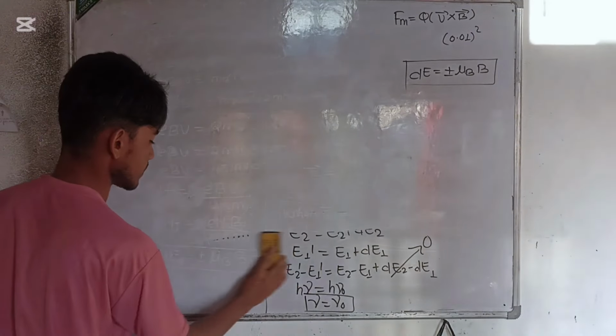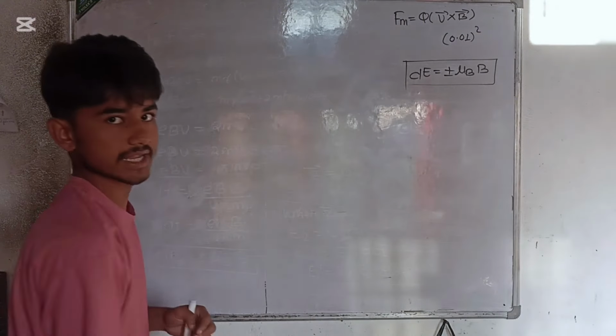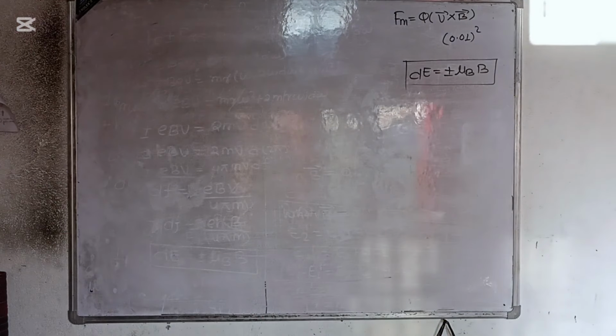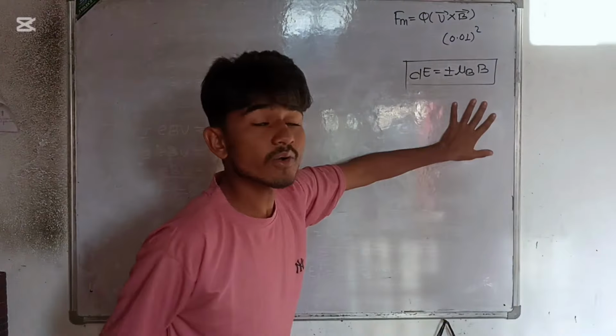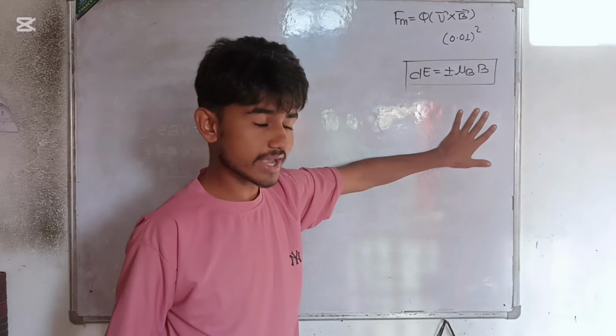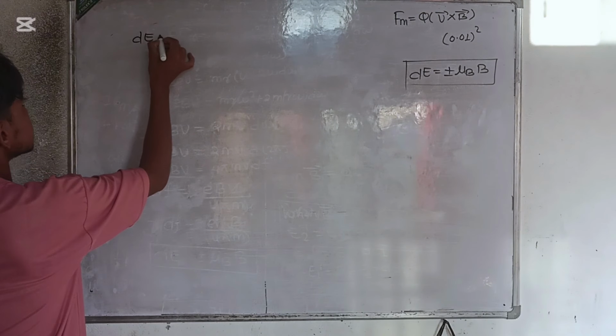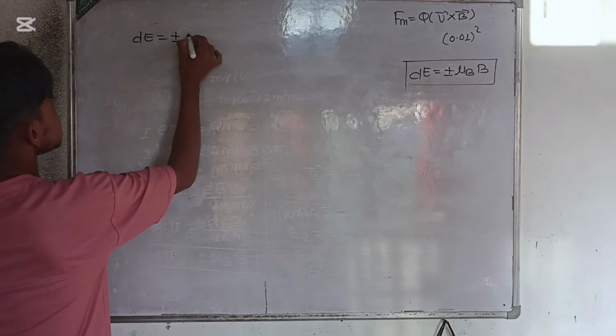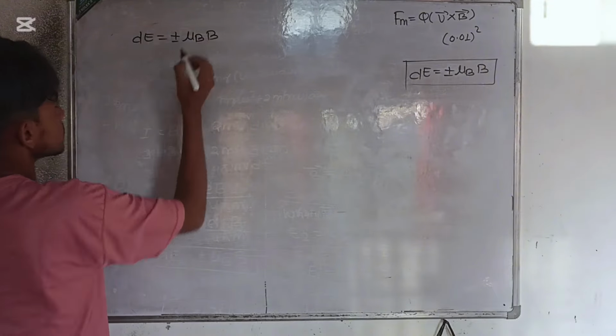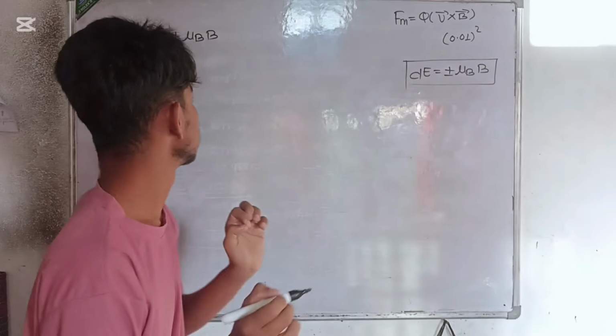So I hope you have got some idea, because I am doing some bunches of creepy mathematics, right? So how can I tackle this? In order to tackle this, I know dE equals plus minus mu b B, right?